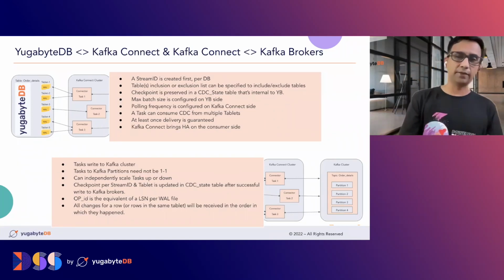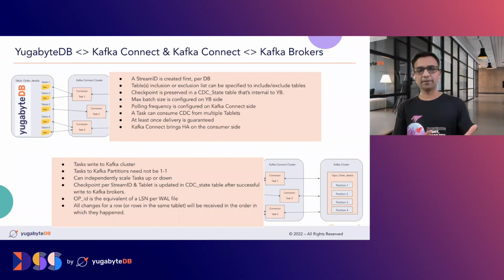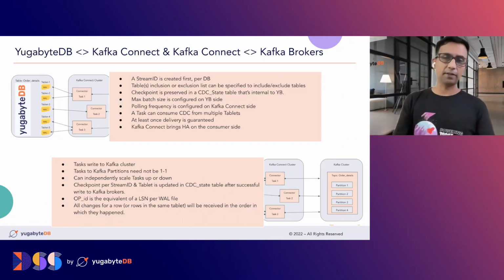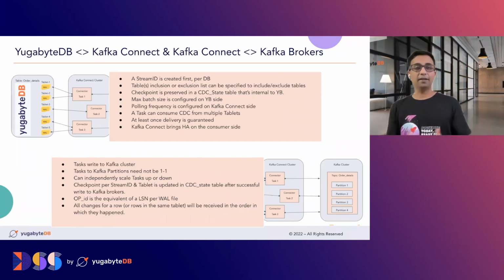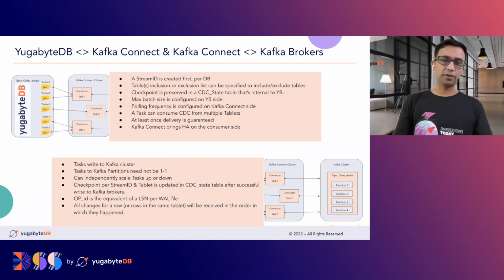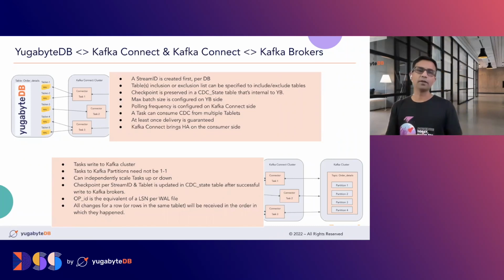Then there is batch size, which is configurable on the Yugabyte side. And there is polling frequency that you get to control on the consumer side, which is Kafka Connect. And then a task, which Suranjan mentioned, is actually a consumer. A task can consume from multiple tablets. It need not be one-on-one, and usually it's not one-on-one.